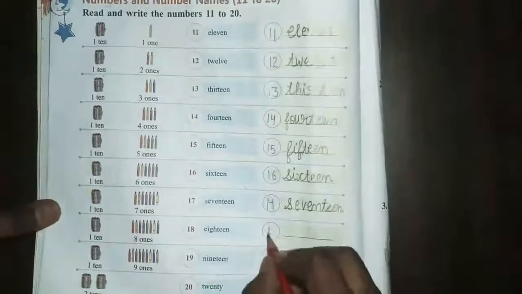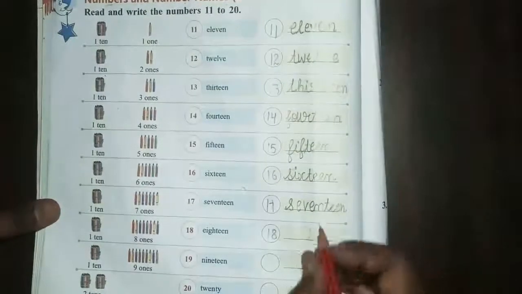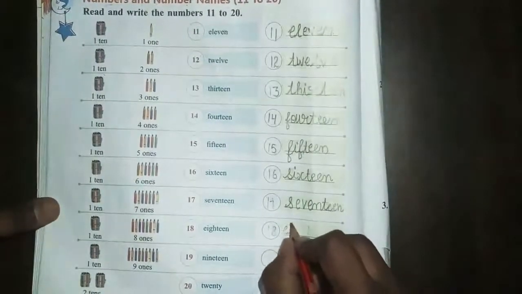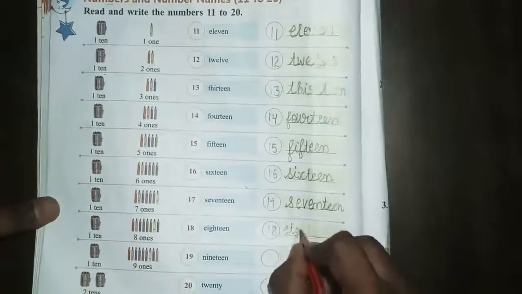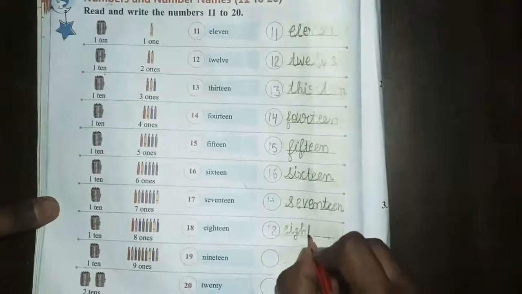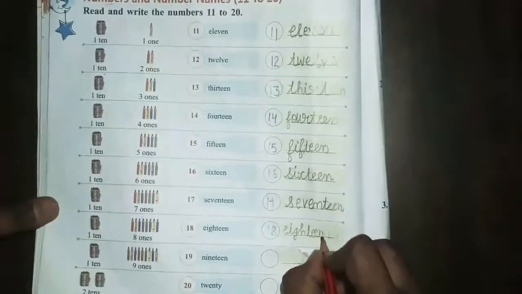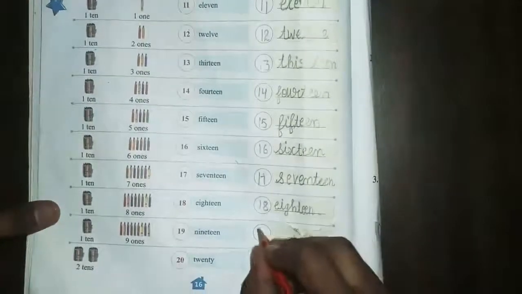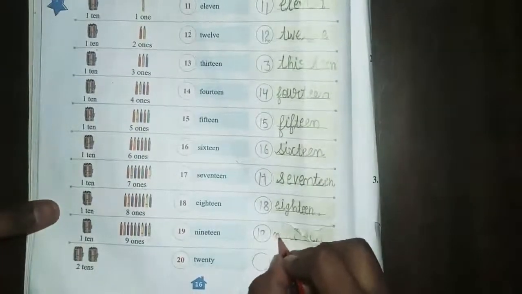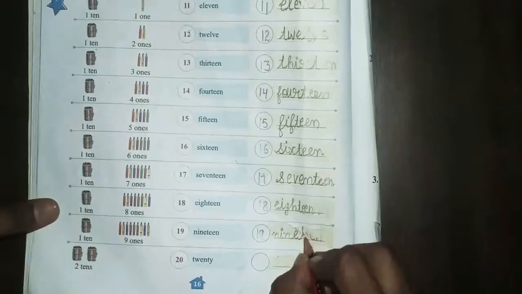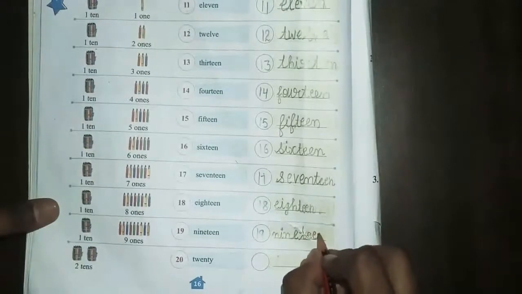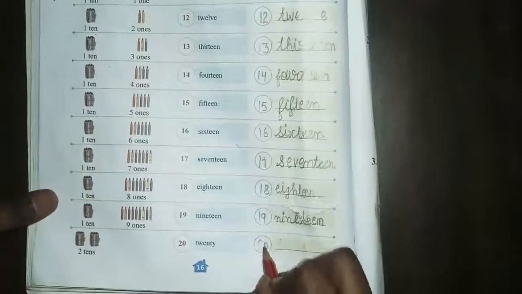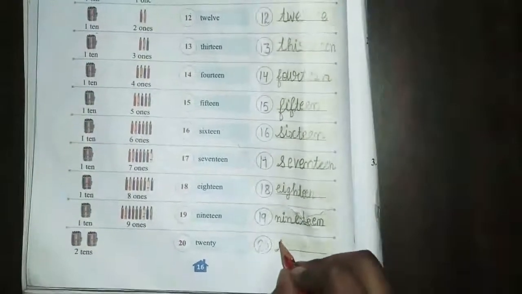10 and 8 is 18. E-I-G-H-T-E-E-N, 18. 10 and 9 is 19. N-I-N-E-T-E-E-N, 19. 2 and 0 is 20, or we can say 2 tens are equal to 20.